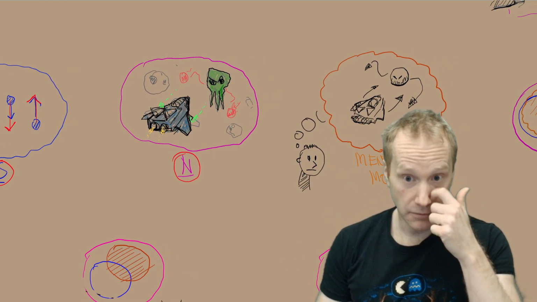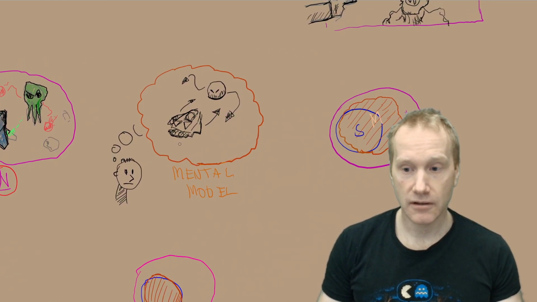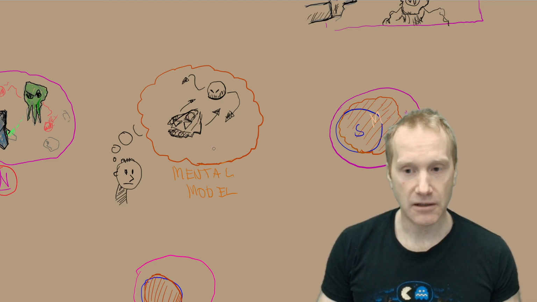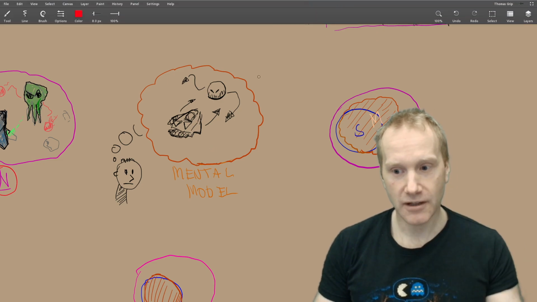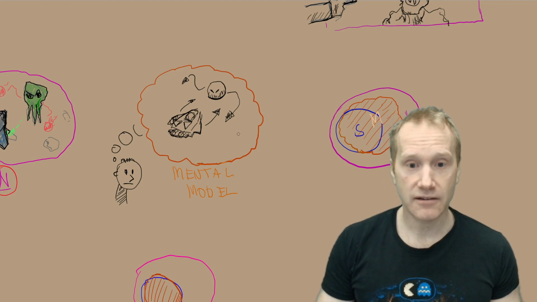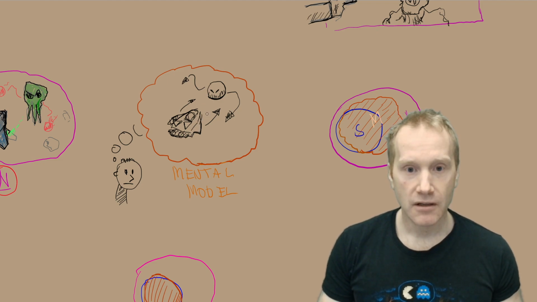Now the important thing here is that, as I talked about in an earlier video, the player has something called a mental model. I'm going to link to that video below, and it's good if you see that. You're going to get more out of this one, but it's not a requirement.